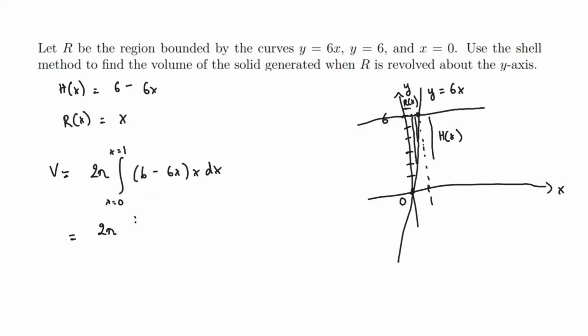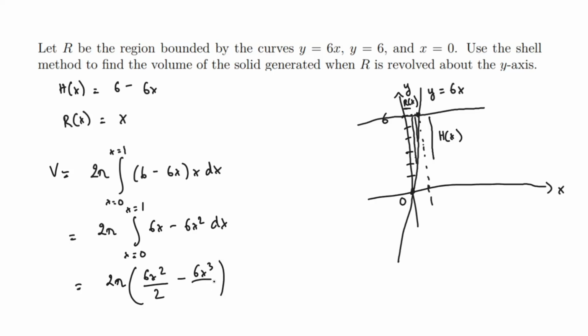So it's equal to 2 pi, the integral of 6x minus 6x squared dx, from x equals 0 to x equals 1. So this is equal to 2 pi, the antiderivative: 6x squared over 2 minus 6x cubed over 3, from 0 to 1.